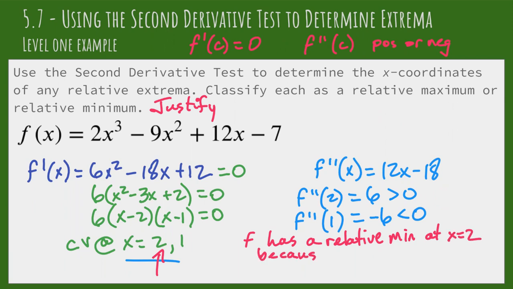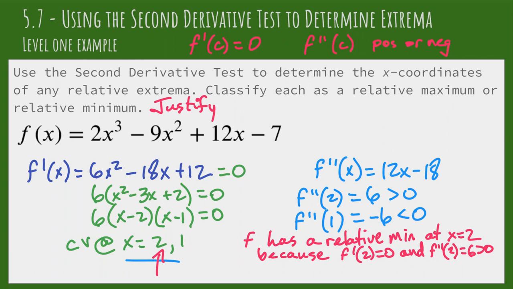Because, so our justification with the second derivative test has to say that the first derivative at that point is equal to 0, and the second derivative at that point is positive. So we want to say the first derivative is equal to 0, the second derivative is equal to whatever it is, and show that that's either positive or negative.